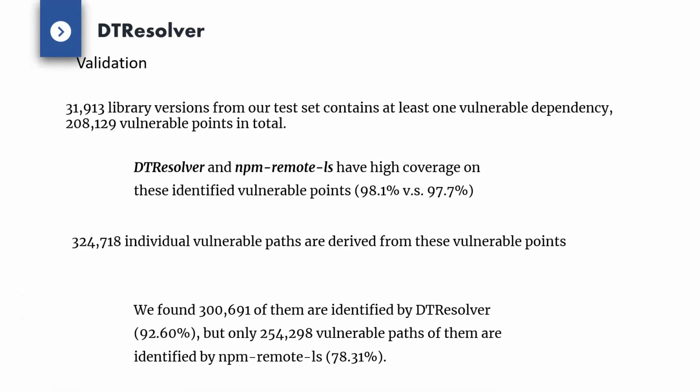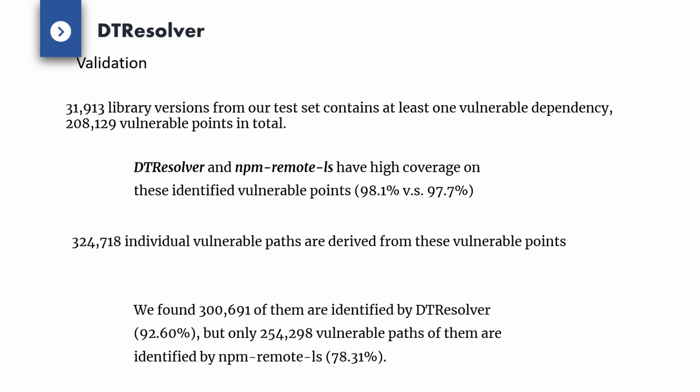Besides, we have also extended to compare the identified vulnerabilities and vulnerable paths with NPM Remote LS. We find that DT-resolver and NPM Remote LS both have high coverage on identified vulnerabilities from dependency trees.